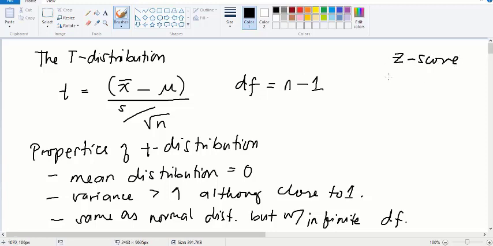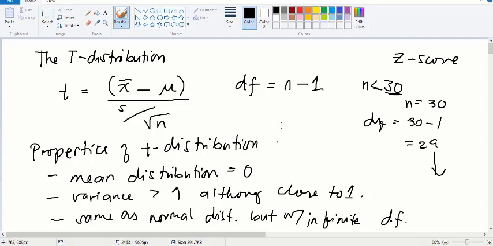However, kung n mo is less than or equal to 30, ang pinaka-maximum is 30 ang n, no? So, if n is equals to 30, the degrees of freedom would be 30 minus 1 is equals to 29. So, maiisip mo na 29 pababa, that could be a variation of why nag-iiba yung muka ng graph ng t-distribution.